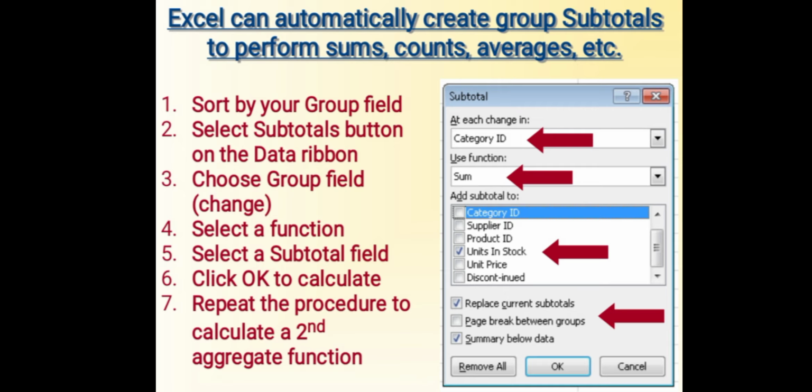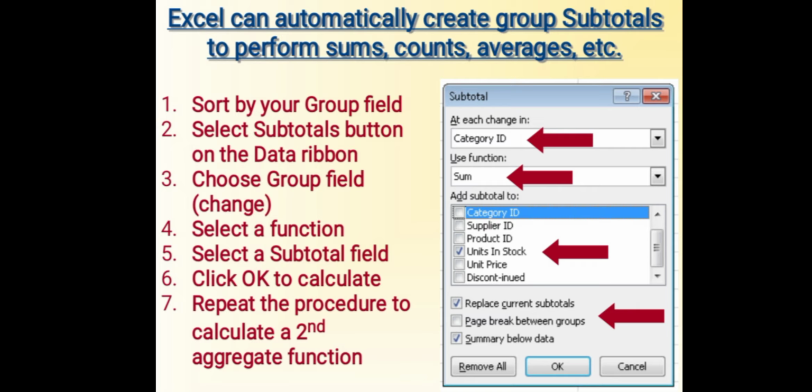Excel can automatically create group subtotals to perform sums, counts, averages, etc. Right. So here you can see the category ID. First, sort by your group field, right? Second, select the Subtotal button on the Data ribbon at the top. You'll get this kind of sheet, right?